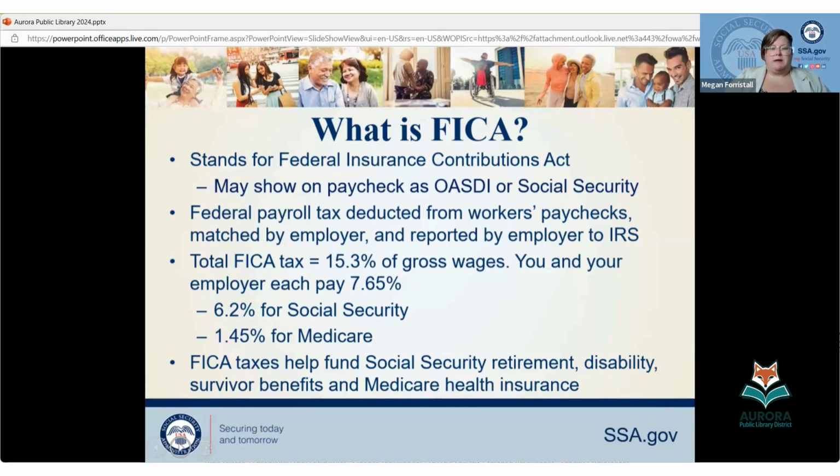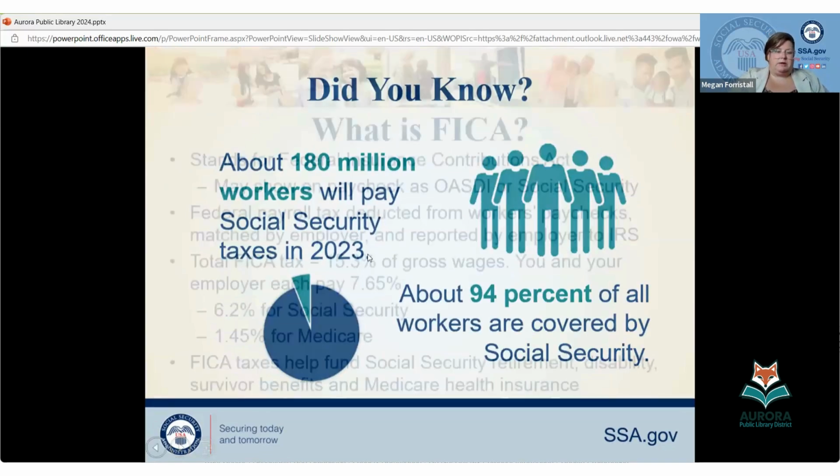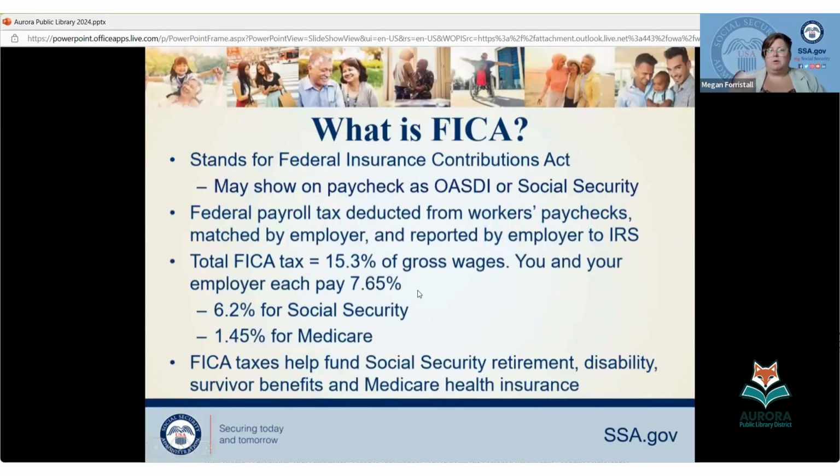Any of those ways it might show. I think my W-2 says Social Security taxes. That's a federal payroll tax deducted from your paycheck that's matched by an employer, and then it's reported to the IRS by the employer. So we get your proof of wages, your work history, every year from the IRS, and that's what goes into your Social Security statement.